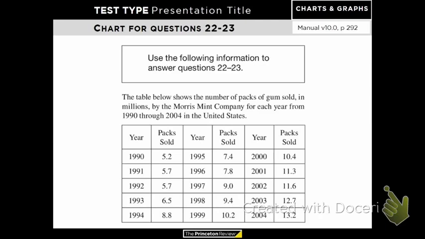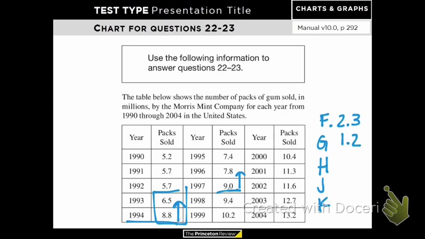1994 was the first one, so I'm just going to show you what I'm looking at. 1994 is here, so I want to compare this year to the one before it, so the 6.5 to the 8.8, so that first one there, that was F, had a difference of 2.3. Okay. Next one was 1997, so I look here and compare it to the one before it, so that difference is 1.2.